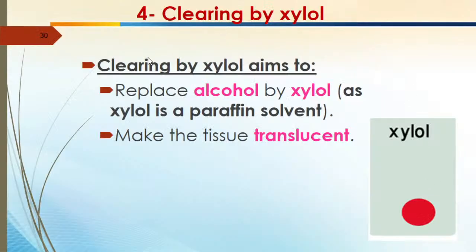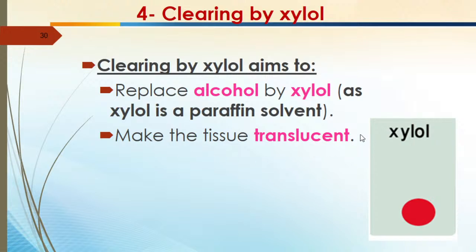And after that, we put the piece of tissue into xylol. This procedure is named clearing, clearing by xylol. The aim of clearing is to replace alcohol by xylol, as xylol is a paraffin solvent, used for paraffin techniques.